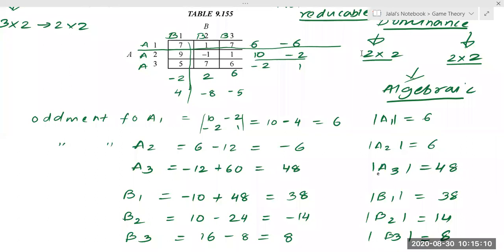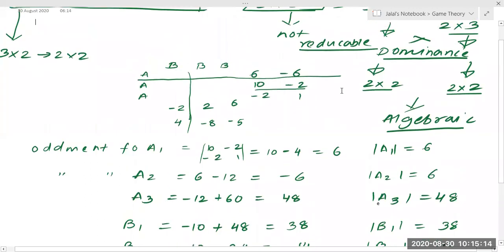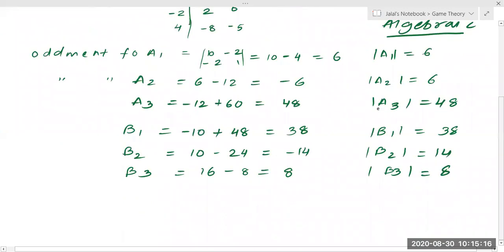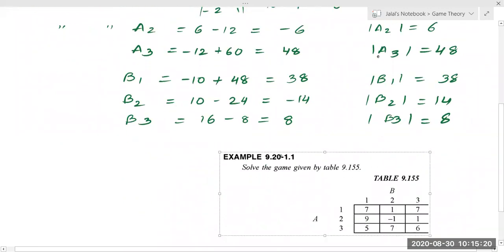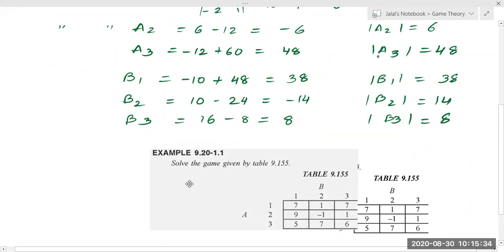Yes, yes. Okay. Now what we will do is, I'll just take this question down. Now I am going to write the value of oddment A1, A2, A3. I'll just put it in the center so that we can utilize the space effectively.